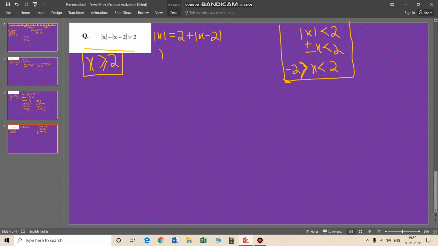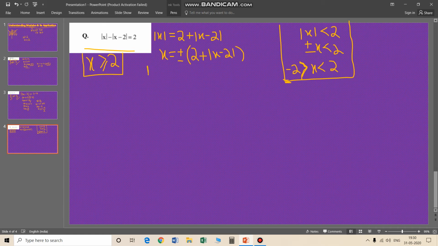Mod of x can be written as plus minus x here, taking plus and minus, that is 2 plus x minus 2. Here is another mod. So 4 conditions will arise from here. You will see.